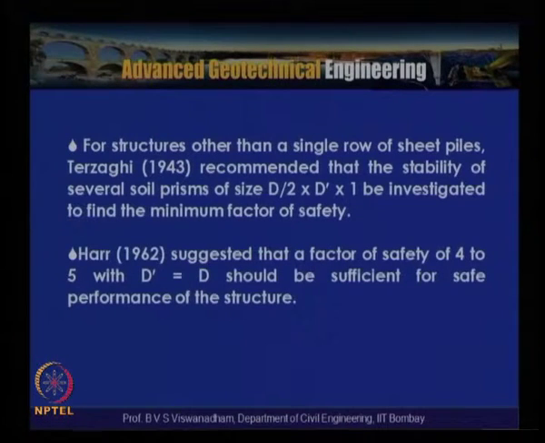Harr 1962 suggested that a factor of safety of 4 to 5 with D dash equal to D should be sufficient for the safe performance of the structure. Again, D dash equal to D, that is the depth of penetration, is sufficient for safe performance of the structure.